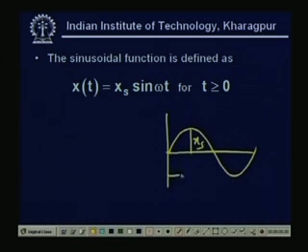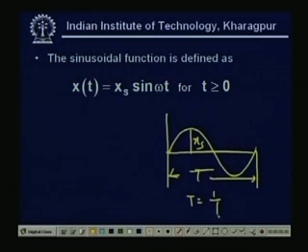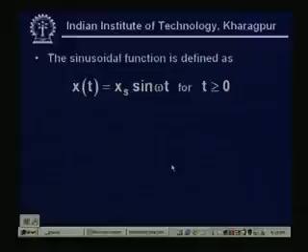Okay, so this is the total time period T, where T equal to 1 by f and omega equal to 2 pi f, the circular frequency, f is the frequency, and T is the total time period, the inverse of frequency. So, this is the xs value on both sides, this is also xs. This holds for t greater than or equal to 0, and for t less than 0 it is 0. So, this is our sinusoidal input.